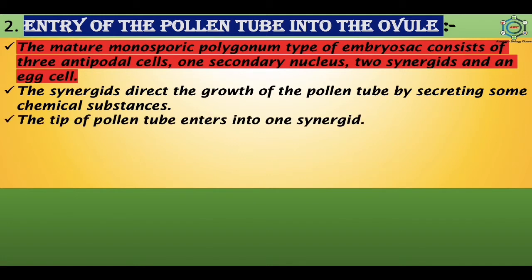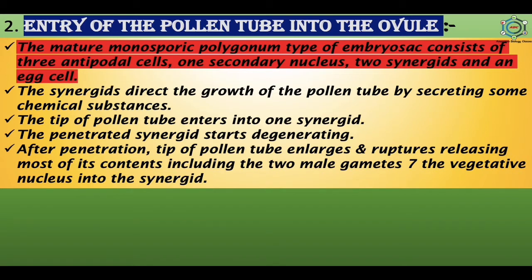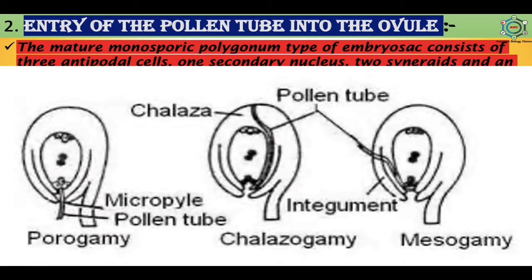The tip of the pollen tube enters into one synergid, and then the penetrated synergid starts degenerating. After penetration, the tip of the pollen tube enlarges and ruptures, releasing most of its contents, including the 2 male gametes and the vegetative nucleus, into the synergid. So, in this picture, you can see how the entry of the pollen tube into the ovule occurs.